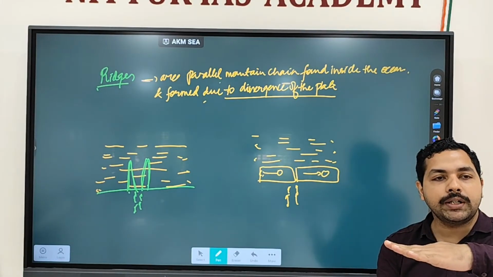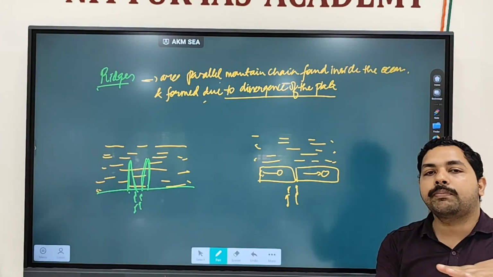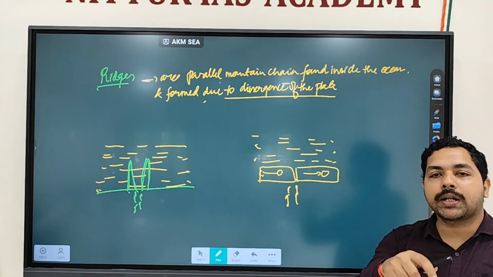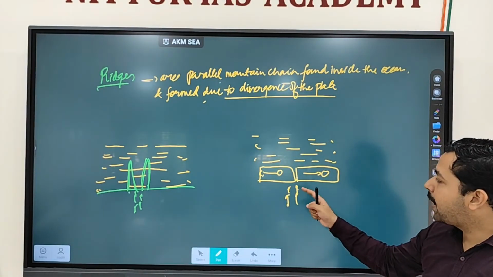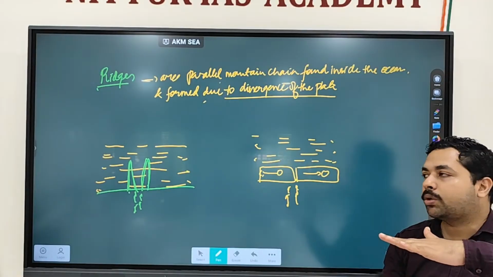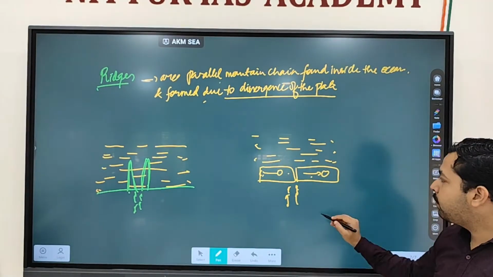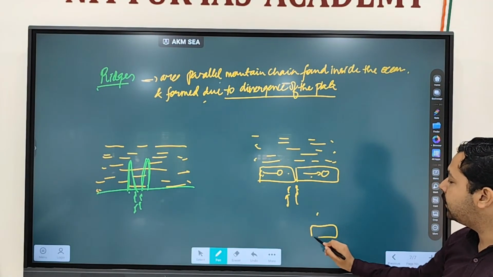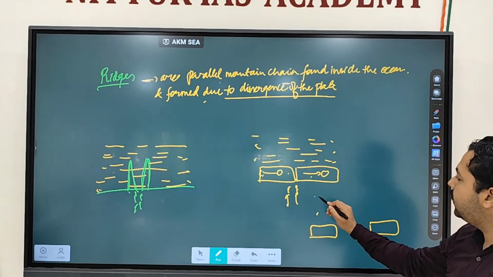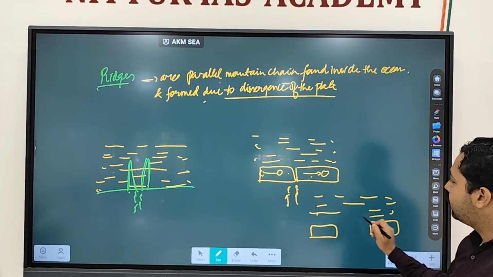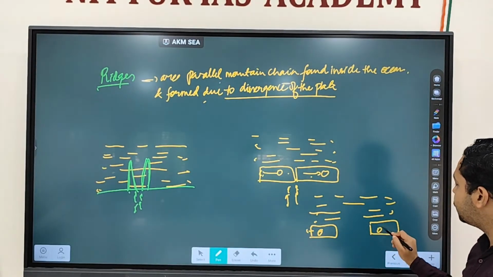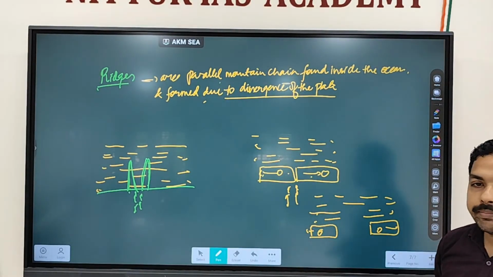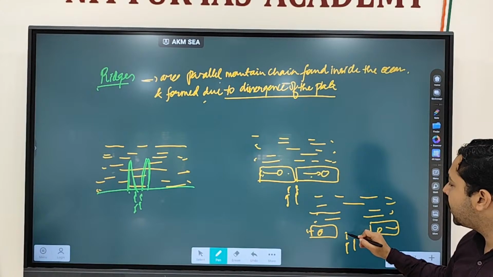When the plates move away, what will happen? Magma can easily come out. So this magma, which earlier was not able to come out because of the presence of the plates, when the plates diverge, when they move aside, this oceanic plate has moved this side, this one that side. When the plates move aside, the magma can now easily come out.